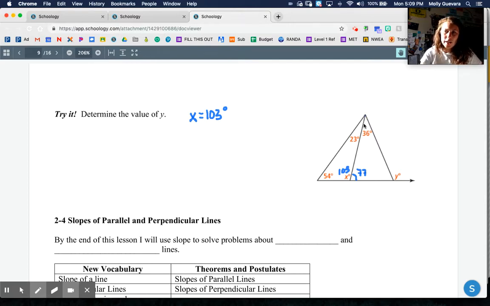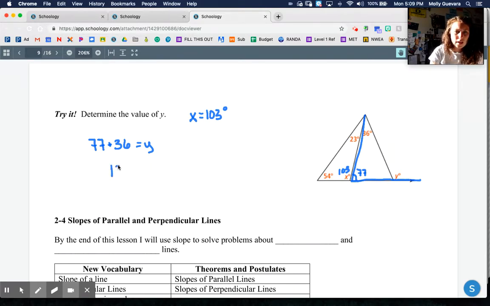Now, when I look at this triangle, I see that we have an exterior angle and the two remote interior angles. So that tells me that 77 plus 36 equals y. And 77 plus 36 is 113.